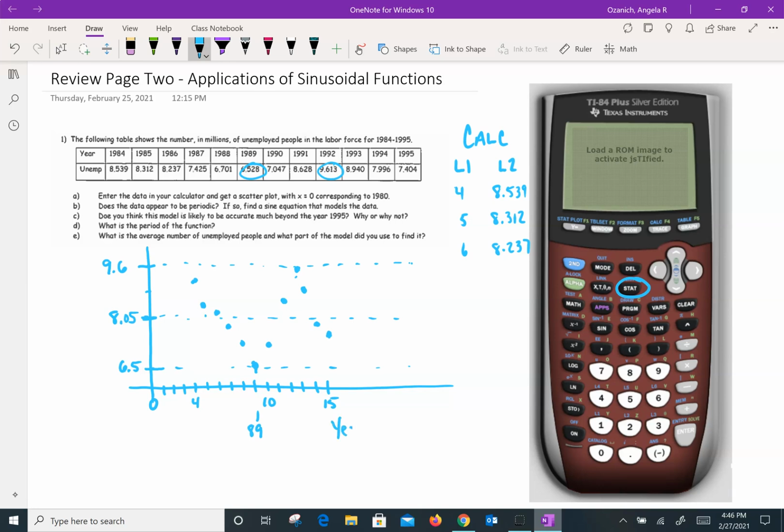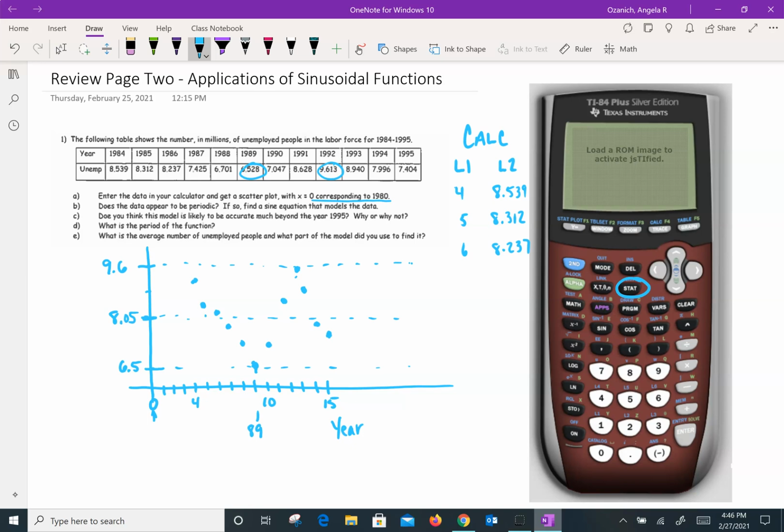The x-axis was our year, and x equal to 0 corresponded to 1980. So this becomes our 1984, where our graph began, and it goes to 1995.